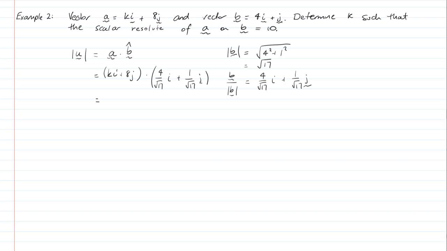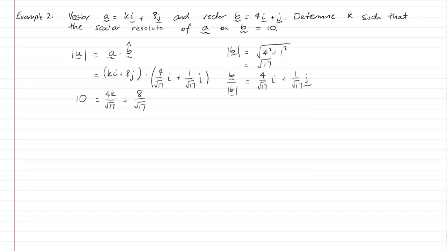I want this to be equal to 10. 4k over root 17 plus, that's k times 4 over root 17, 8 over root 17, that's the wrong way around, is equal to 10, and now I'm just rearranging to solve. And so this will be 10 minus 8 on root 17 is equal to 4k over root 17, and then I rearrange this.